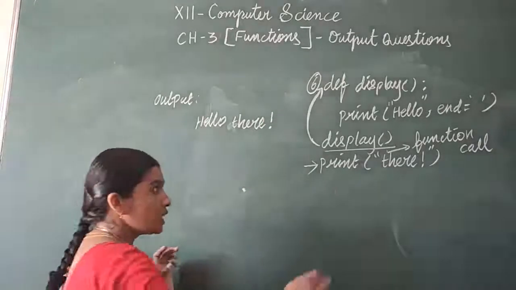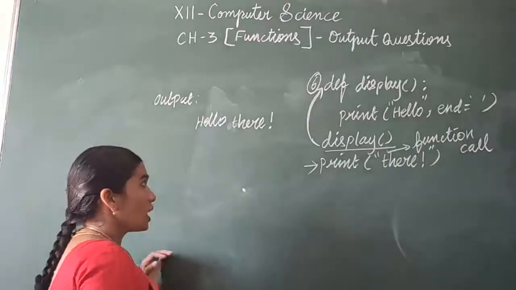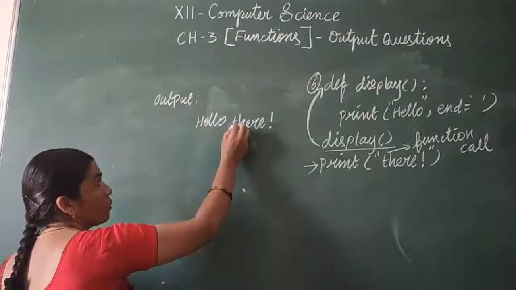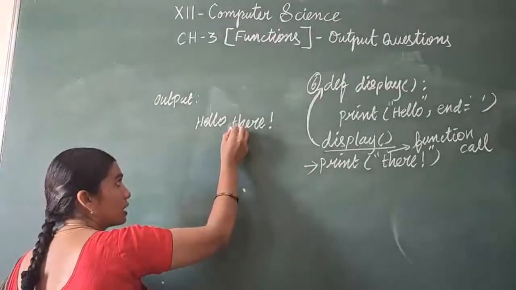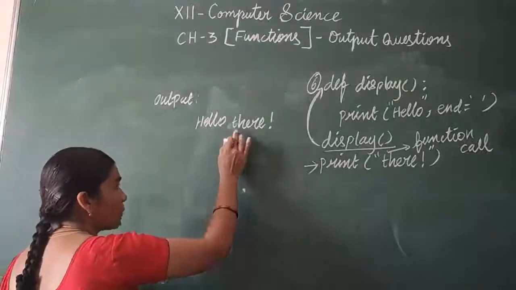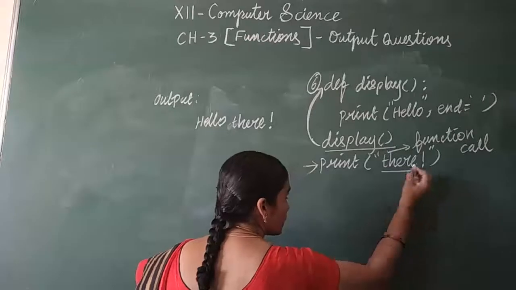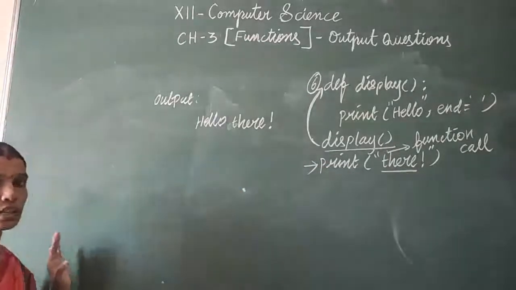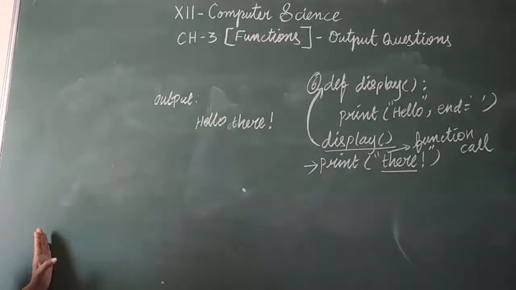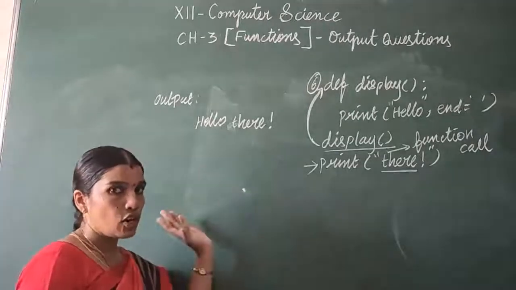After printing the word hello, we use the n argument, so the cursor will stay on the same line, and here itself the word that will be printed. What type of output are we getting here? Hello there. Did you understand?